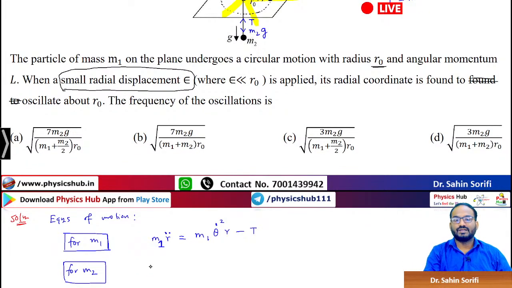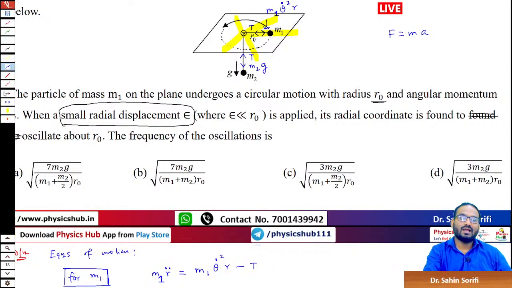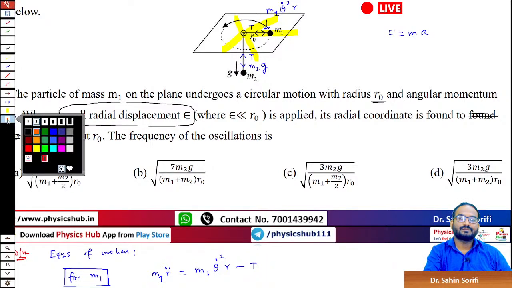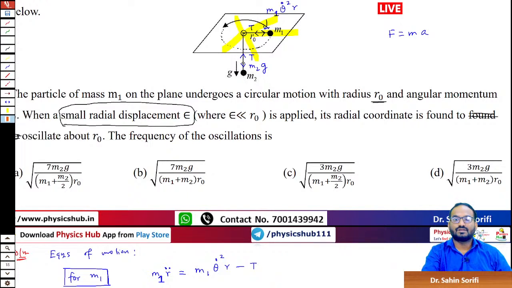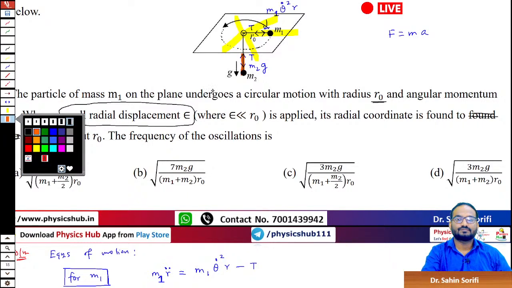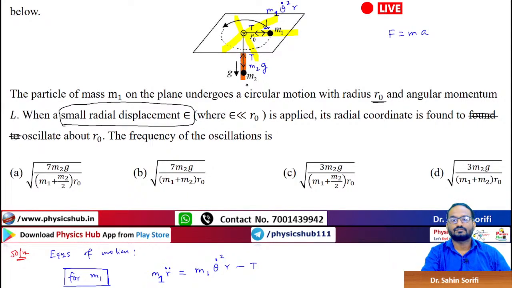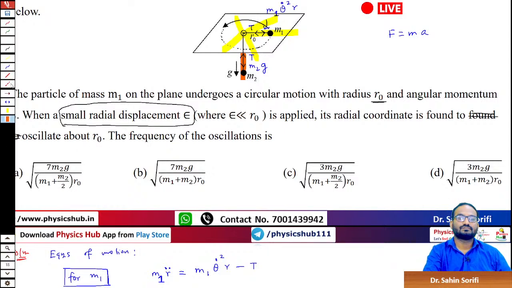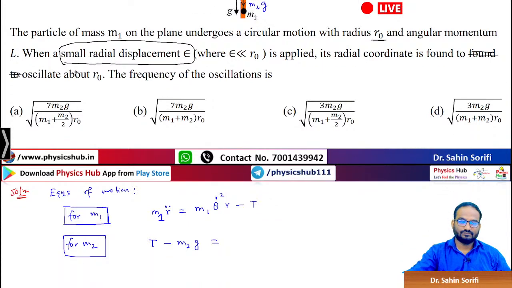So for m2 it is T minus m2 g. This is the effective force acting upward, and this is equal to m2 r double dot.